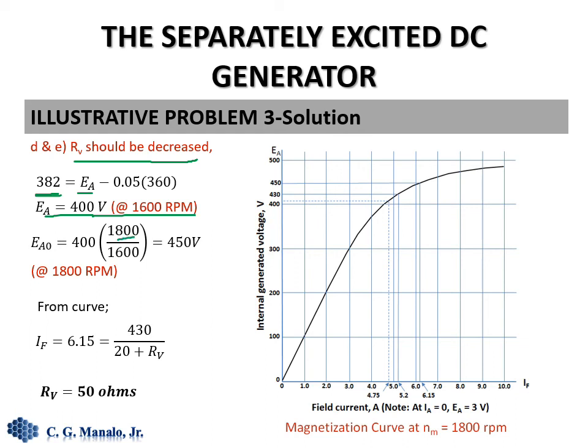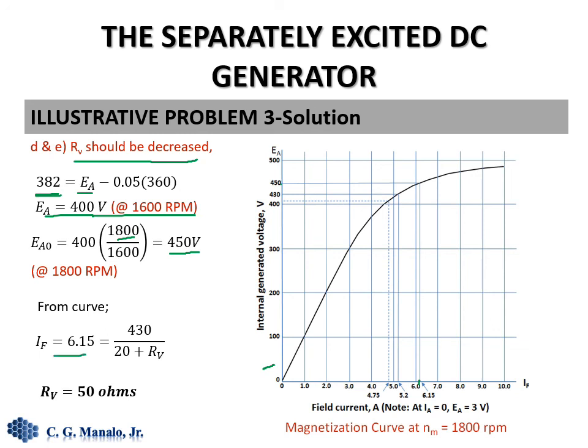So we go backwards here so that we could use the magnetization curve. Normalizing it to 1800, that should give us 450 volts. And from the magnetization curve, 450 volts corresponds to an I sub F of around 6.15 amperes.